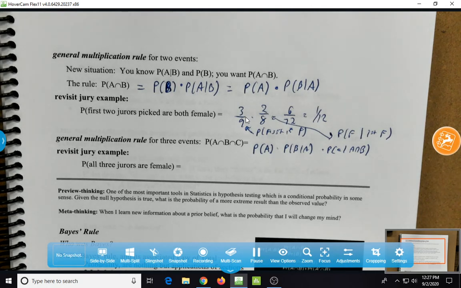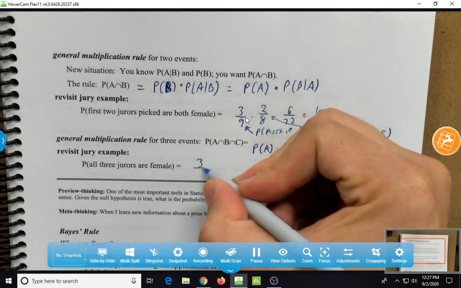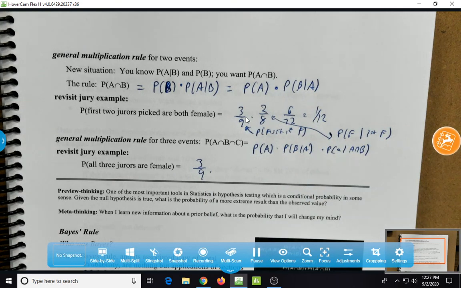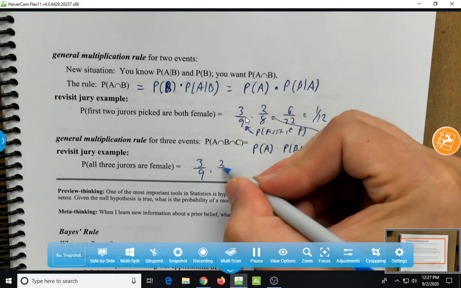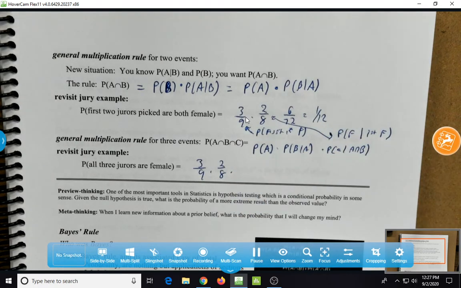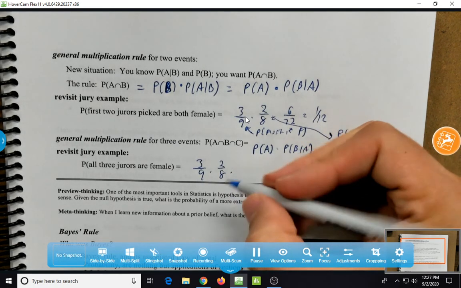But kind of think about this. What's the probability that the first I pick is a female? 3 out of 9. Given that the first is a female, what's the probability the second is a female? And given that the first 2 are females, what's the probability the third one is a female? 1 out of 7.